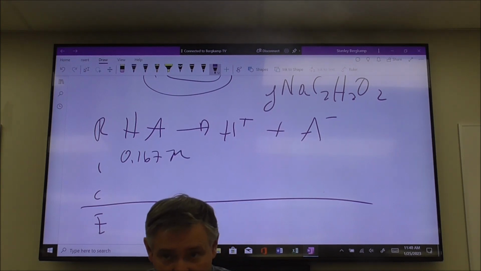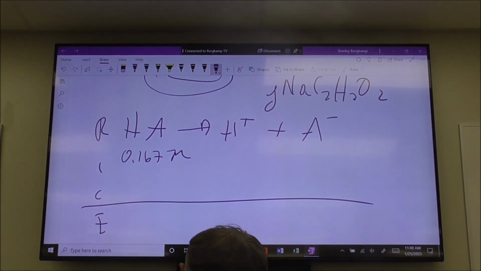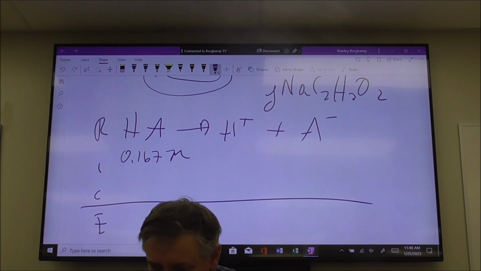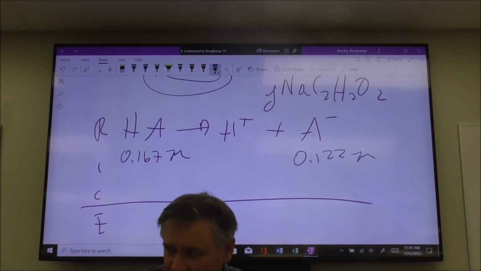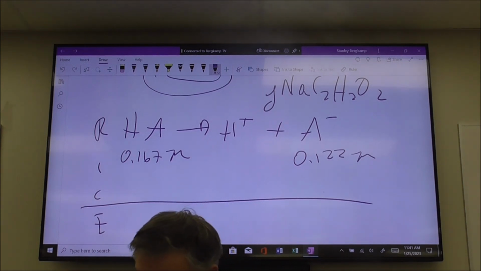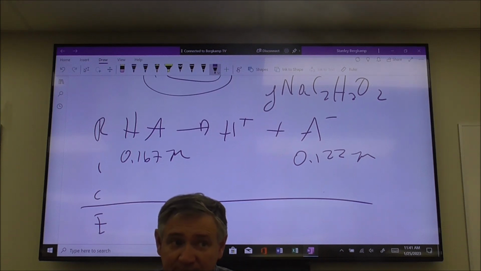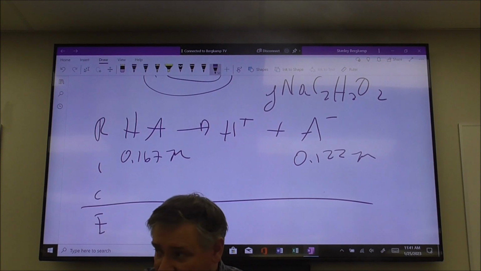That isn't the number of moles, that's the molarity. And that anion concentration, if you do that right, is going to be 0.0122. Because if that's wrong, this whole problem is going to be a train wreck. Again, that's the molarity, not the number of moles. If you take the grams, convert them into moles, and divide by 2 liters.